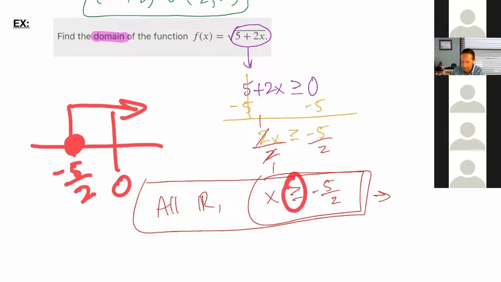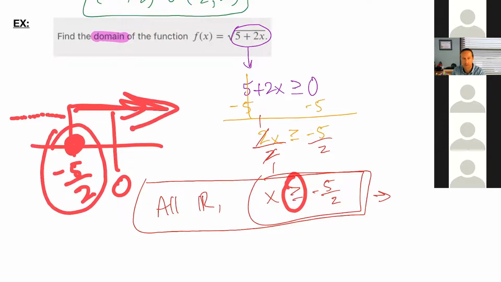That's what this said, right? So am I starting out here at -infinity for my solution set? No, very good. Not until I got to what? -5/2. And everything to its right, everything greater than it as well.